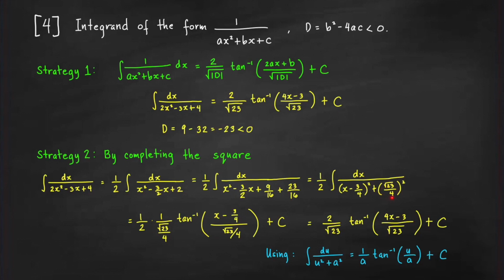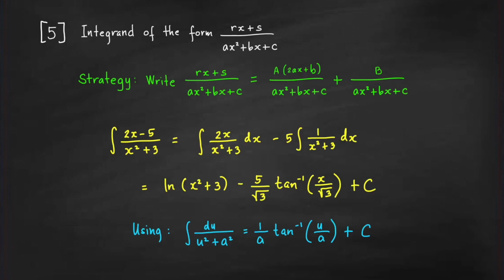Our a is square root of 23 over 4. Tangent inverse of our u is just x minus 3 halves all over square root of 23 over 4 and then plus c, which can be simplified as 2 over square root of 23 tangent inverse of the quantity 4x minus 3 all over square root of 23 plus c, which is actually the same expression as what we got here using this faster technique.